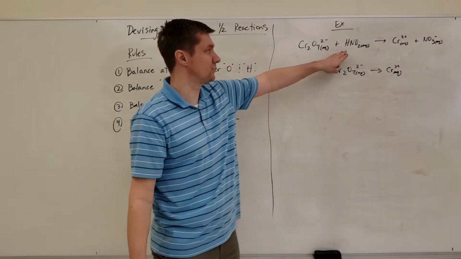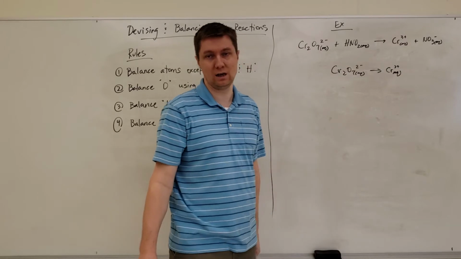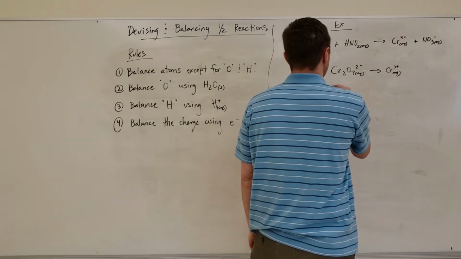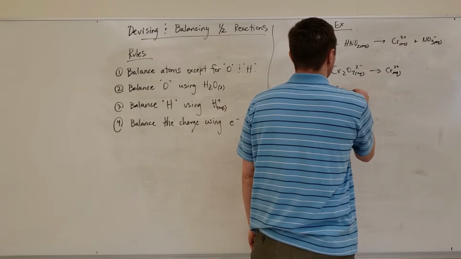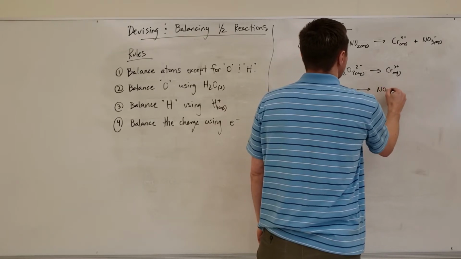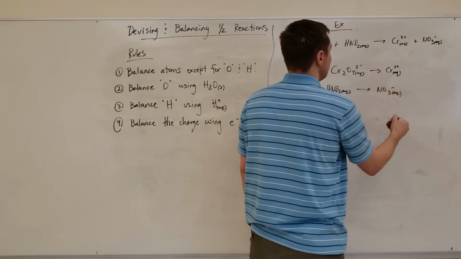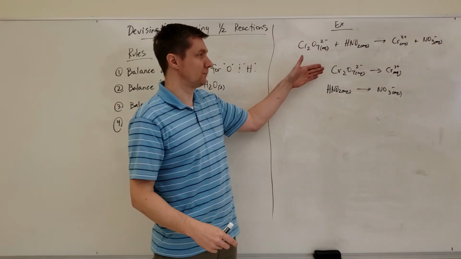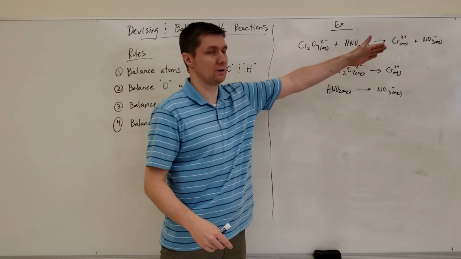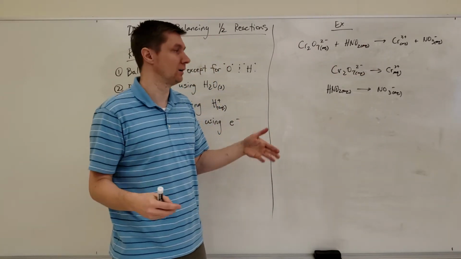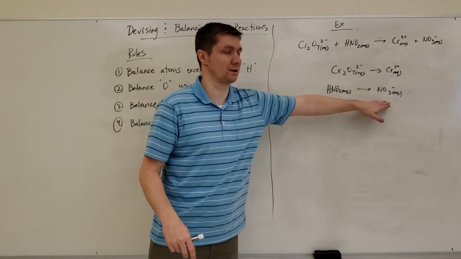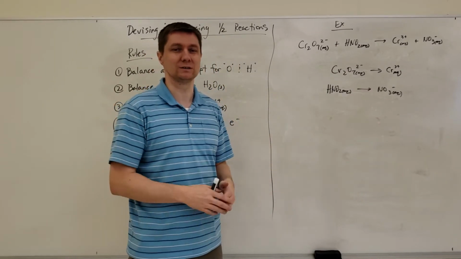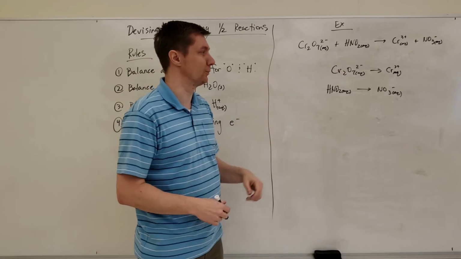My other half reaction is going to be HNO2 turning into NO3- aqueous. And so you can see my half reactions have to be grouped up with substances that are turning into other substances that are there. The dichromate ion is not going to turn into the nitrate ion. That just doesn't make sense. It's not made of those pieces, and so that's why we group it this way.